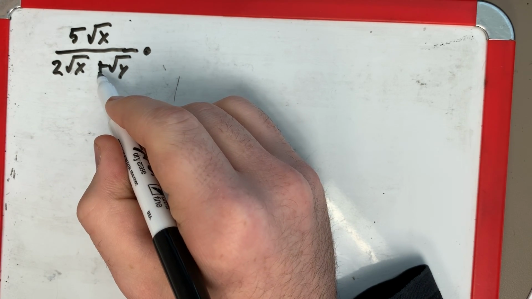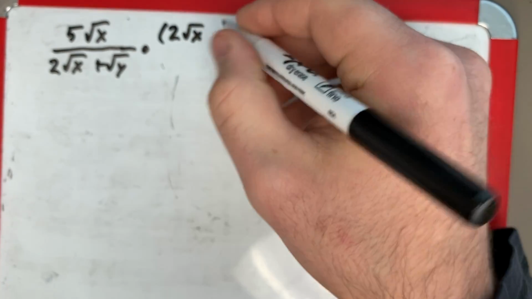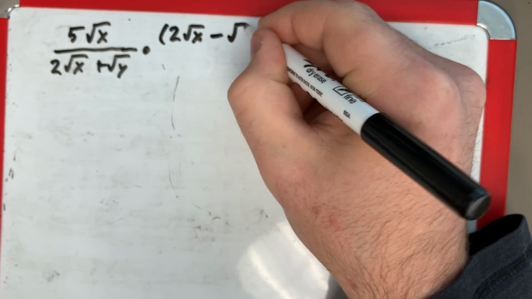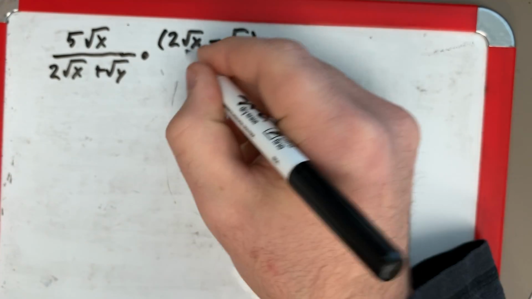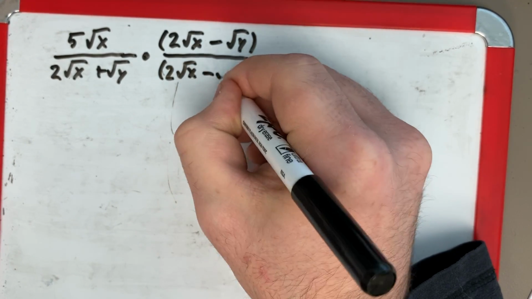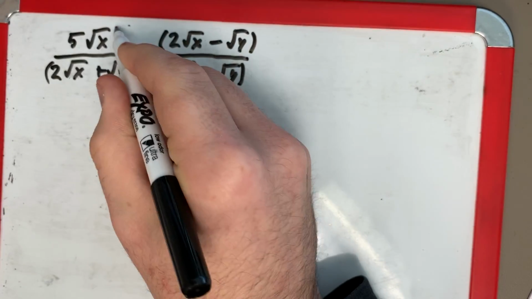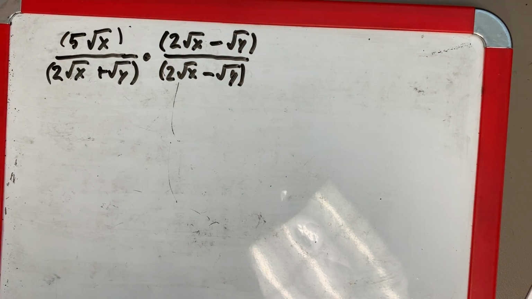So here we have a plus, we want a minus. So we have 2 root x minus root y, okay? And then have the same exact thing in the denominator. And then we're going to put parentheses around everything so it's clear that we're multiplying.